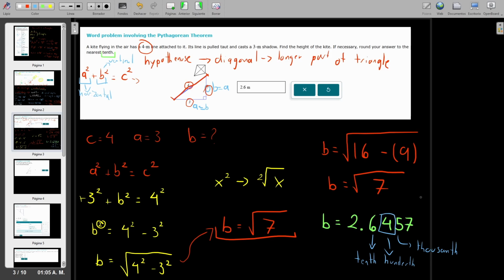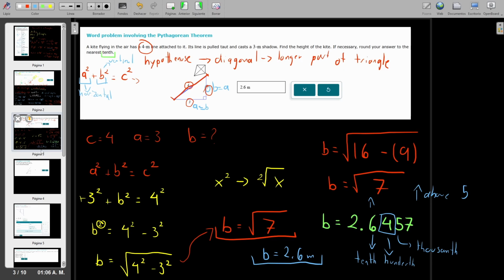We round up if it is 5 or above. If it is, we add one to the next number. In this case, as it is 4, it is not above 5, so it stays the same. So the answer for B is going to be 2.5, in this case, meters.